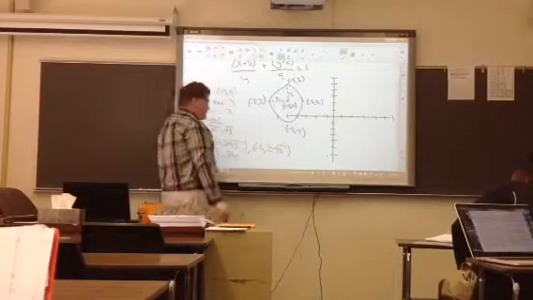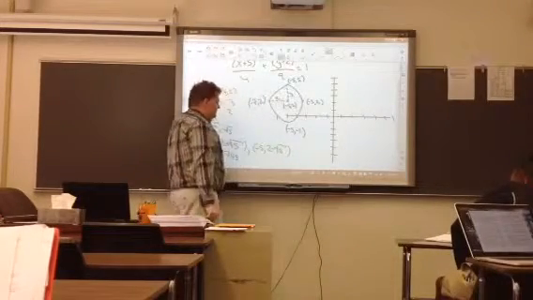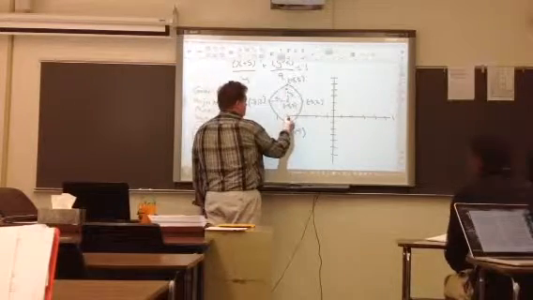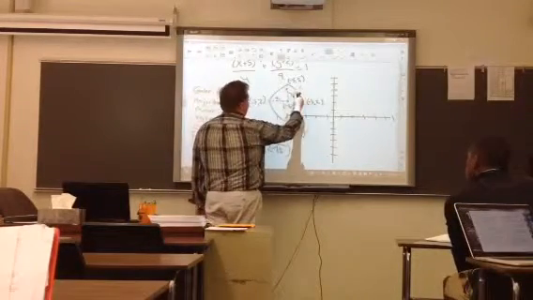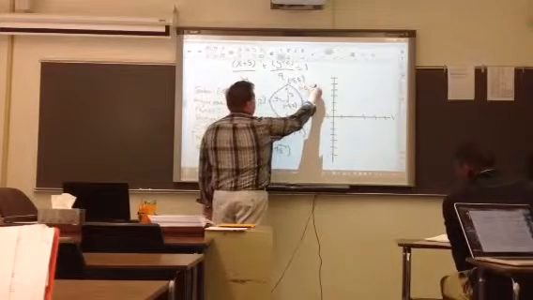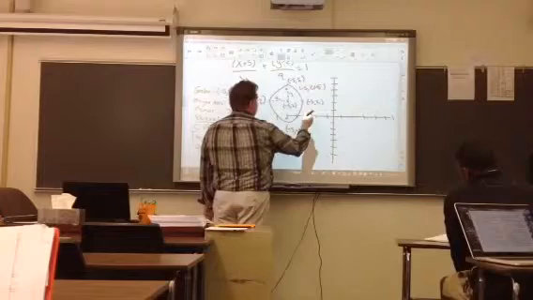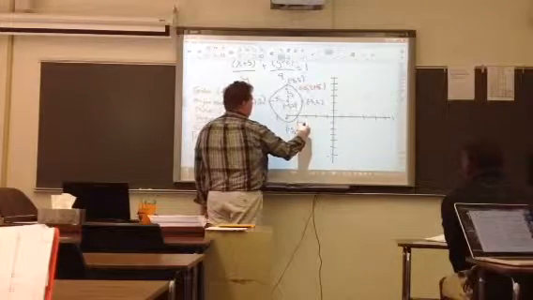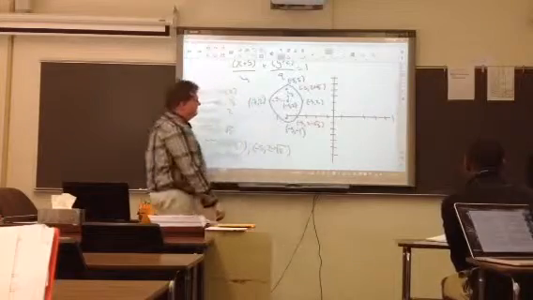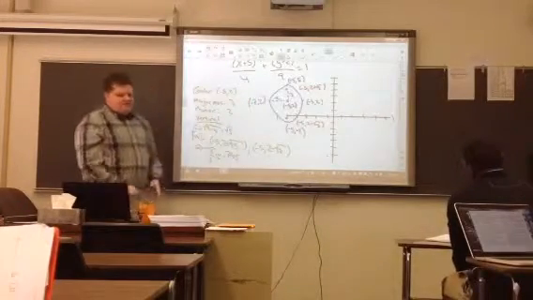My foci are going to be one right up here and one right down there. Those are going to be at minus 5, 2 plus root 5 and minus 5, 2 minus root 5. But that's our ellipse.